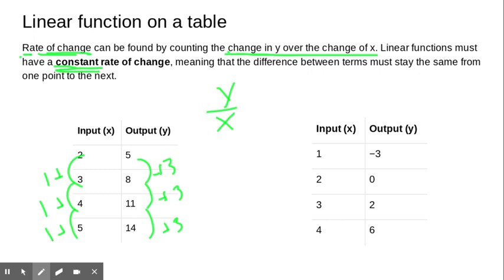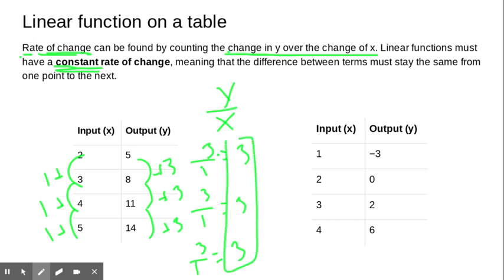So my change in y over my change in x, that's 3 over 1, 3 over 1, and 3 over 1. They all simplify to the same thing. So my rate of change is 3. Because my rate of change is 3 throughout the whole thing, this is a linear function because my rate of change is constant. It remains the same.